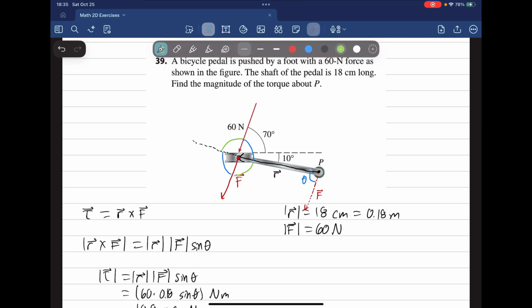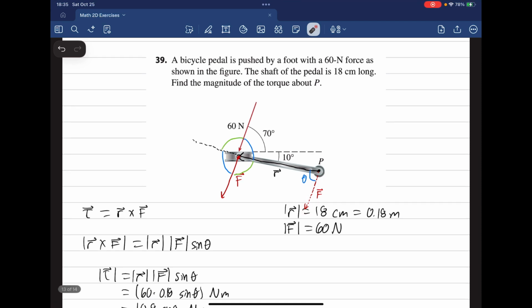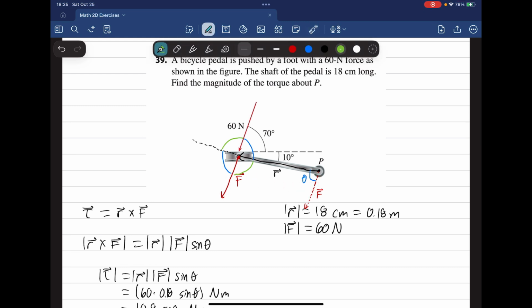Now, this angle theta is formed by this line r and this line F, and because these two lines formed by the vectors F are parallel, because we're just taking this vector and shifting it over here, we know that this blue angle here has to be theta.